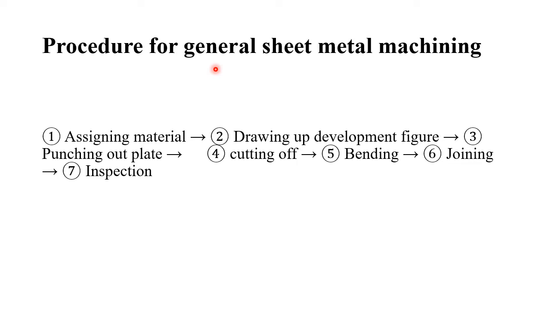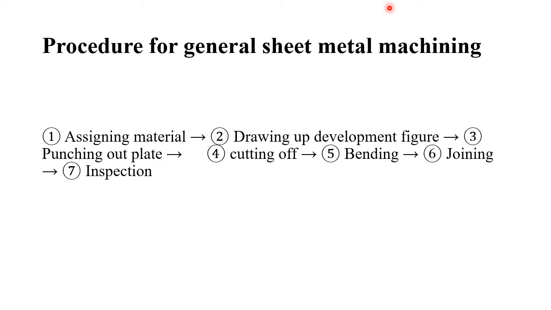Let's look at the procedures for general sheet metal. These start from the preparing of materials and end with the inspection of defects. What are we going to do here?